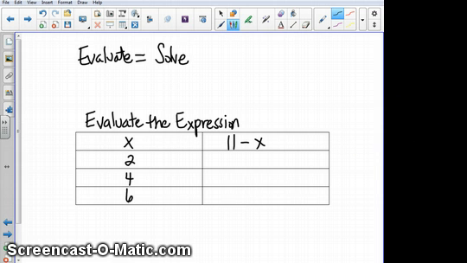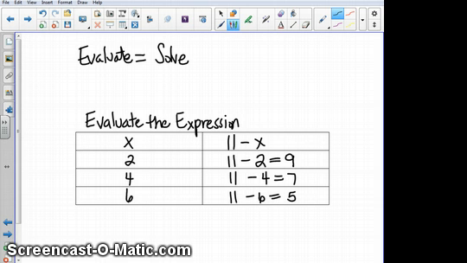So we're going to plug in our number in place of x. So we're going to have 11 minus 2, and that will equal 9. 11 minus 4, that will equal 7. And 11 minus 6, that will equal 5.